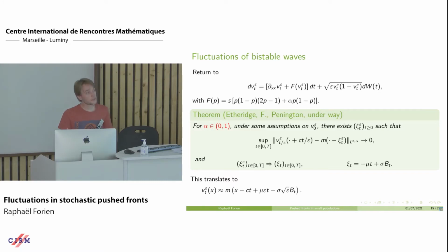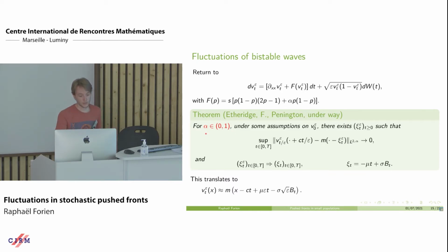And this is the thing that we're in the process of finishing to prove. This is our noise term, and we also have a different reaction term. So we've added a bit of asymmetry in favor of one type.